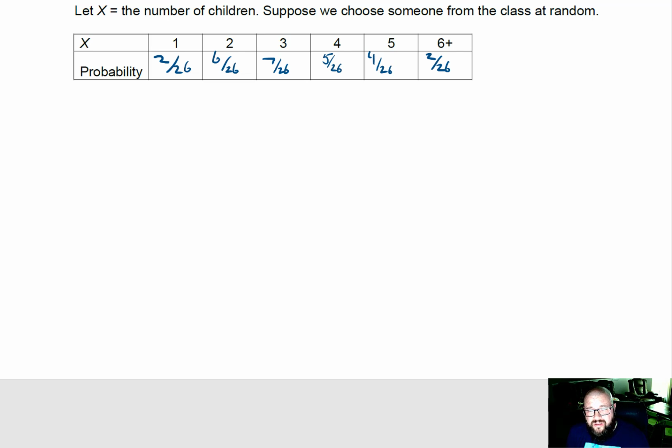Well, hopefully you remember that all the probabilities should add up to the value of 1. In which case, we can look at this and see what we got here, right? So we've got 26 down at the bottom for our denominator. Let's see if our numerator adds up. So we had 2 over 26, 6 over 26, 7, 5.